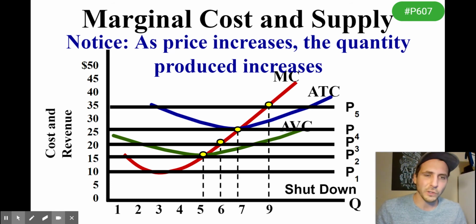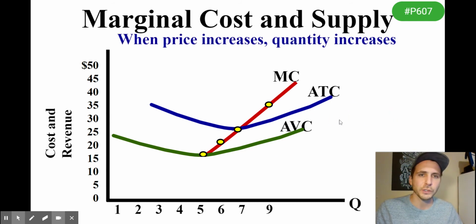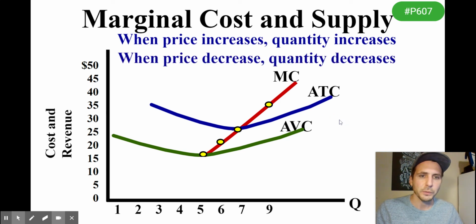That's the same as the law of supply. When price rises, quantity supplied goes up. When price falls, quantity supplied goes down. So when marginal cost is above my average total cost curve, there we go, we just said that, my marginal cost is going to be equal to supply.